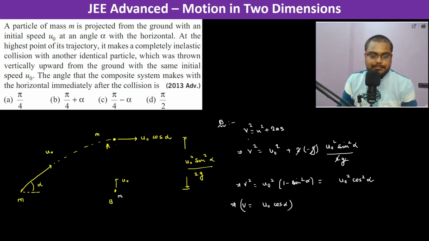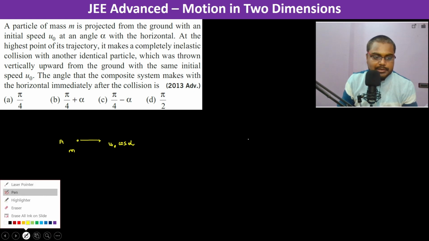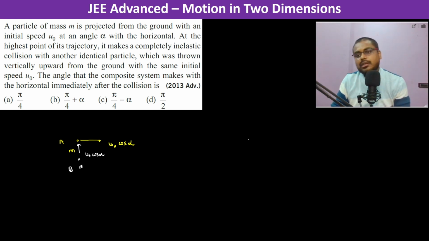Now let us go for the collision. Particle A has mass m and u naught cos alpha in this direction, and particle B again has mass m and u naught cos alpha in the upward direction.